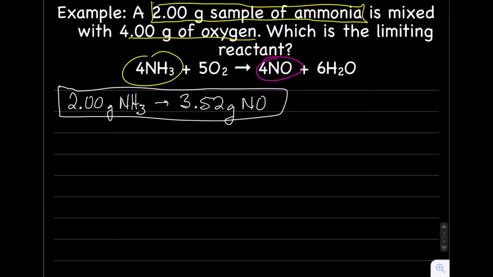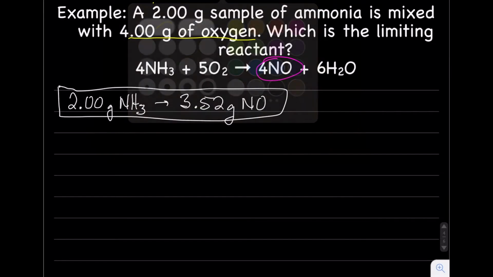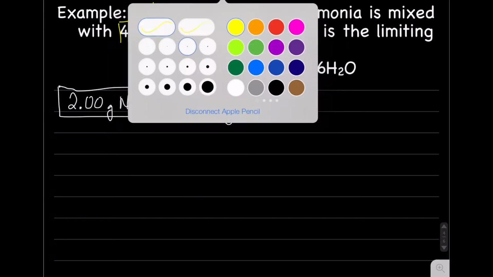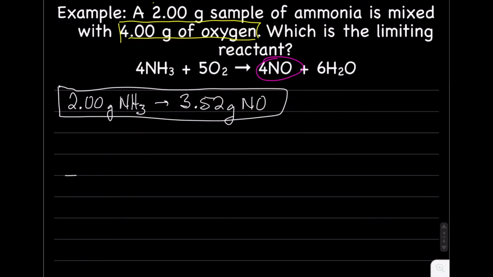Now we need to do this problem again. Let's get rid of this stuff. Now we need to do the whole problem again, but this time we need to do it with our 4 grams of oxygen. So we'll set up our grid again.